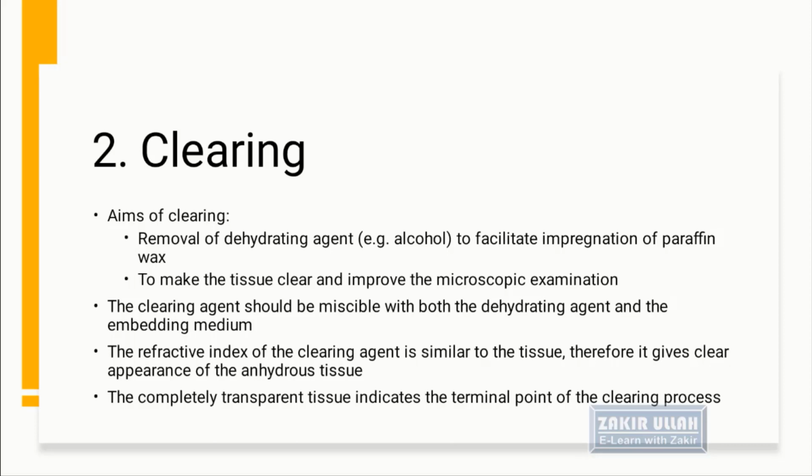This helps the impregnation of paraffin wax, and clearing is also done to make the tissue clear and improve the microscopic examination. The clearing agent should be soluble with both the dehydrating agent and the embedding medium.